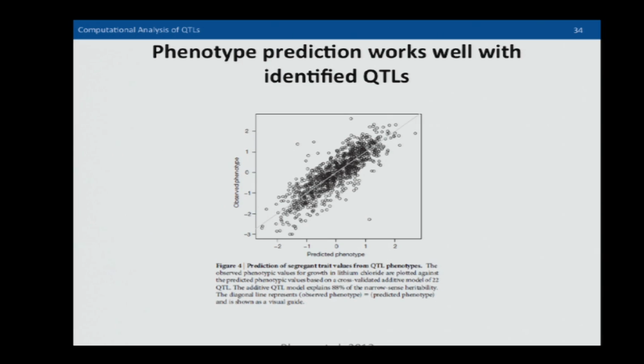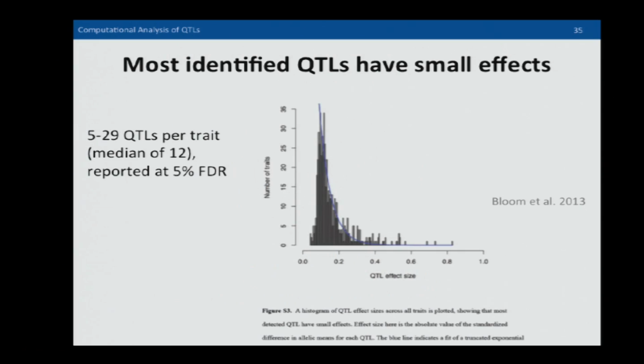So, the interesting things that came out of this study were that, first of all, it was possible to look at the effect sizes of each QTL. Now, the effect size in terms of fraction of variance explained of a particular marker is the square of its coefficient. It's the beta squared.